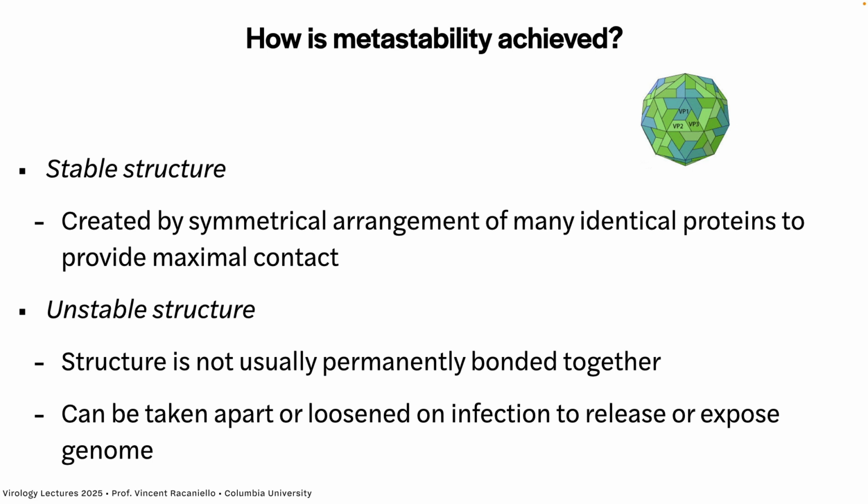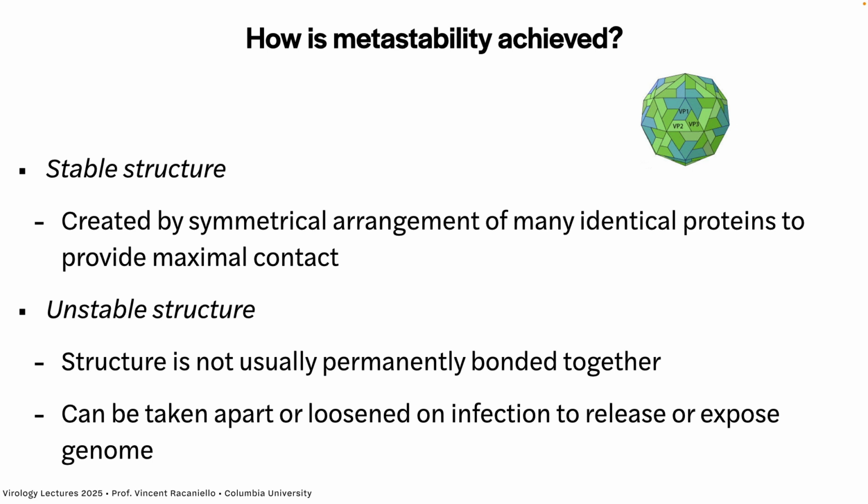So that kind of symmetry and arrangement gives you a stable structure. That's why virus particles are very stable. You can see this illustrated up here in the upper right. This virus has 3 capsid proteins. They're repeated many times, so that gives you a very stable structure.